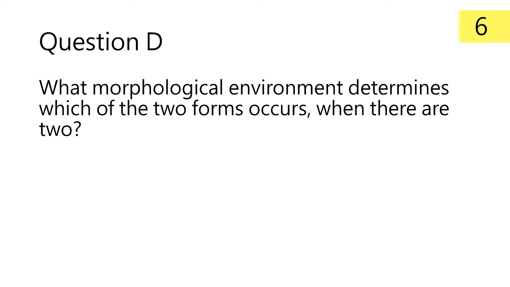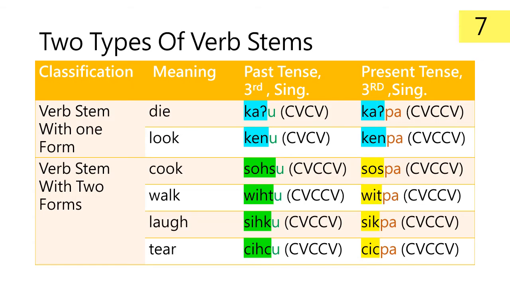Next, question D asks, what phonological environment determines which of the 2 forms occurs when there are 2? We knew that there are 2 types of verb stem. One type only has 1 form, and the other has 2 forms. Here we use color blue to indicate the type of verb stem that only has 1 form.